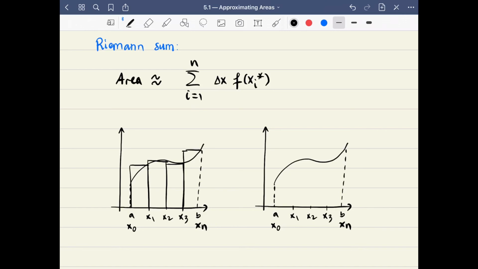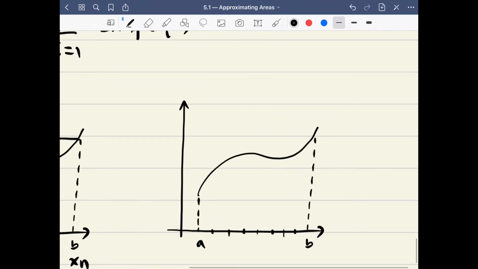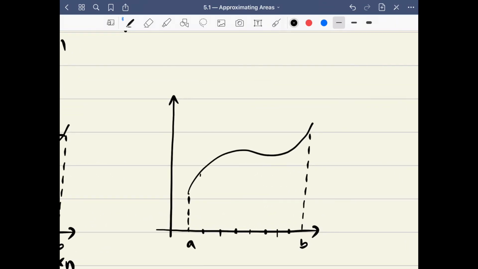Now you can also choose more rectangles. If you have, let's say, 8 rectangles, then let me zoom in. You'll construct more rectangles, and as you construct more rectangles, you have a better and better approximation.